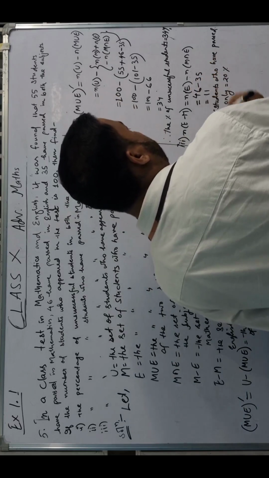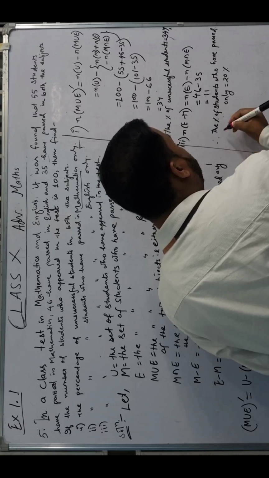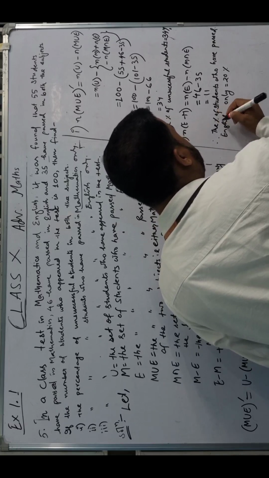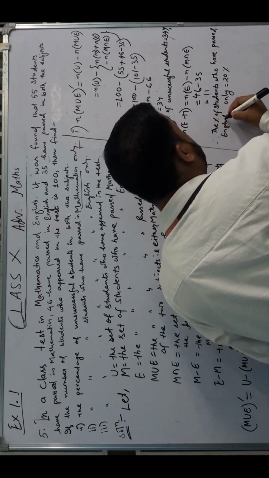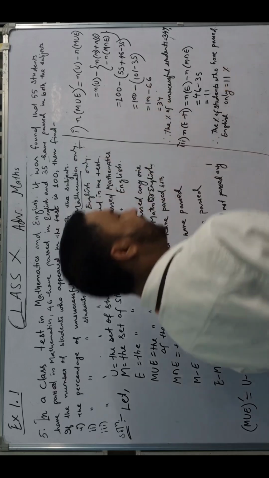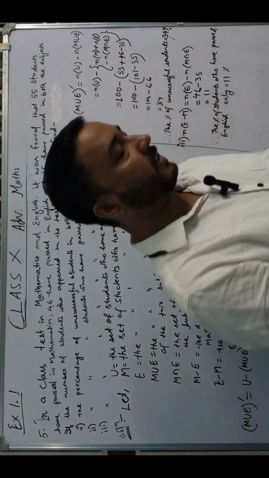So it will be 11. So the students who have passed English only, English only is equal to 11%.